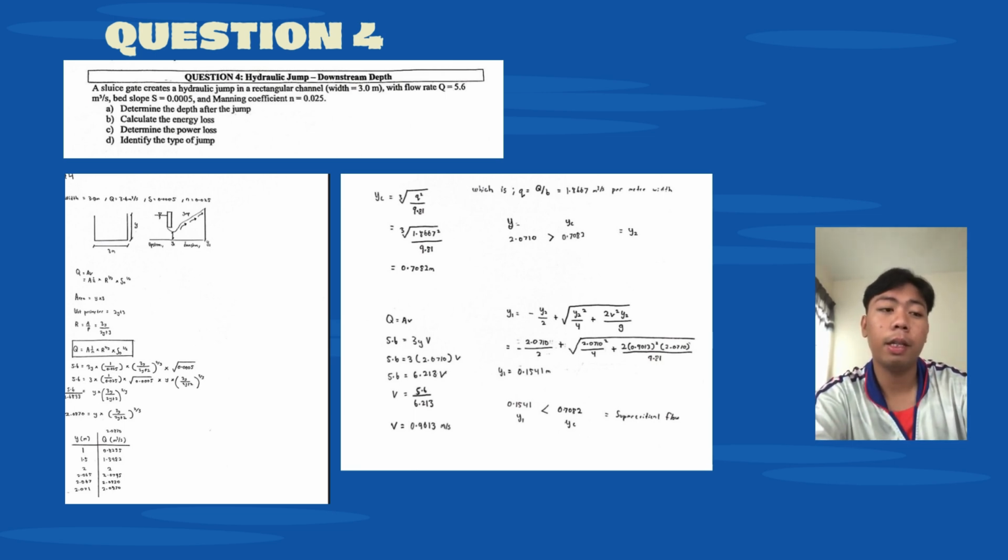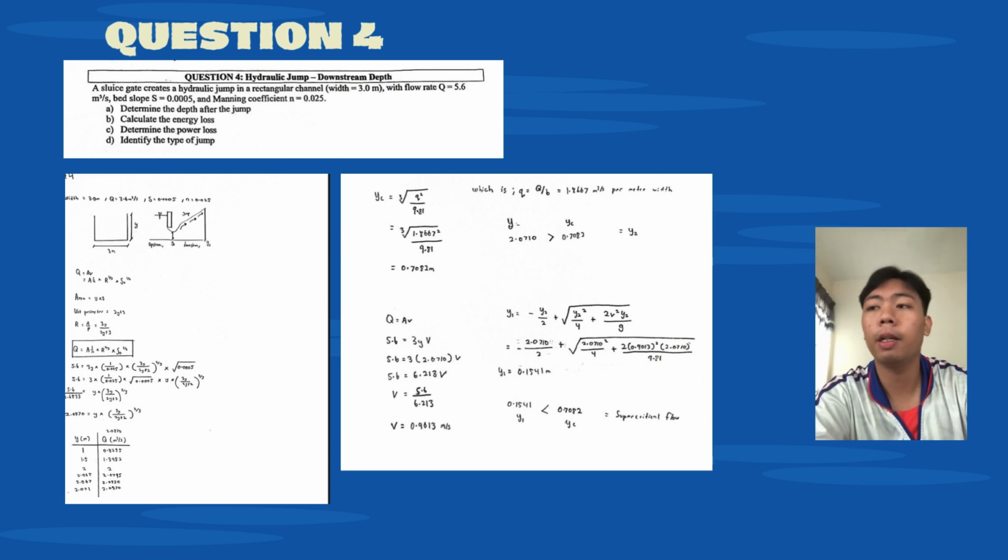But the Y1 formula has the V, which has the B, but we don't have the B, right? So we use Q equal AV, the formula for Q, to find the V. So we get the V is 0.9013 meter per second.